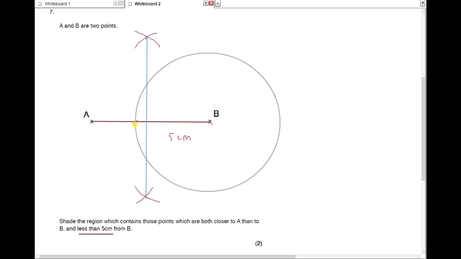Okay, so you are going to select those points which are closer to A and far away from your B and less than 5 centimeter away from your B. So how about if you just pick up these points, because if you pick the points which are lying on this curve, okay, so they are going to be exactly 5 centimeter away from B, so this is the contradiction. So you are going to select only those points which are less than 5 centimeter away from the B, and restrict it within this perpendicular bisector too.